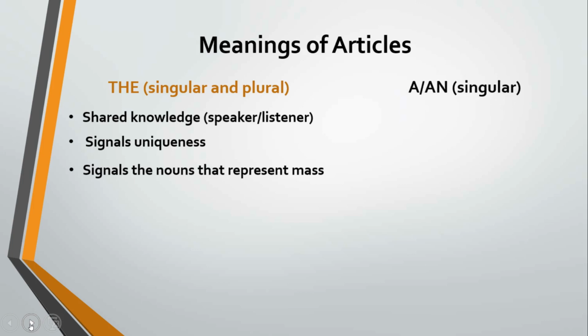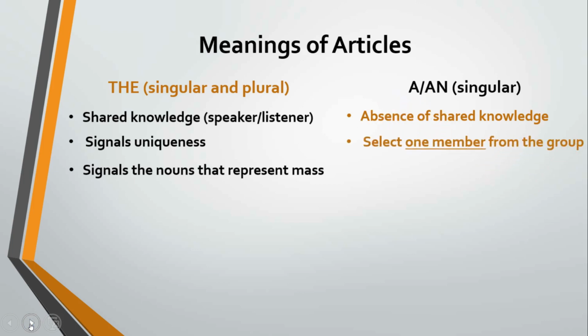On the other hand, the indefinite articles a and an can only stand before singular nouns. Unlike the definite article the, there will be an absence of shared knowledge in regards to the indefinite articles a and an. There will also be a selection only of one member of the group, and we will explain what this means later.